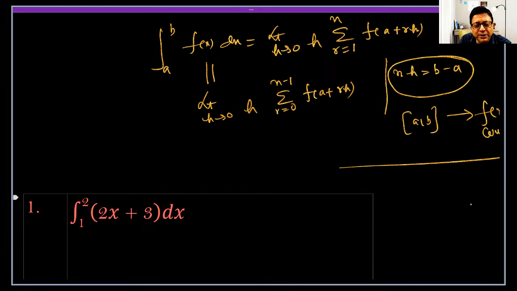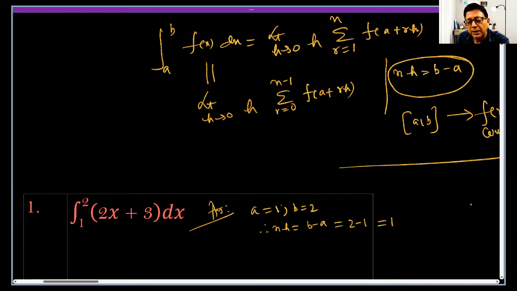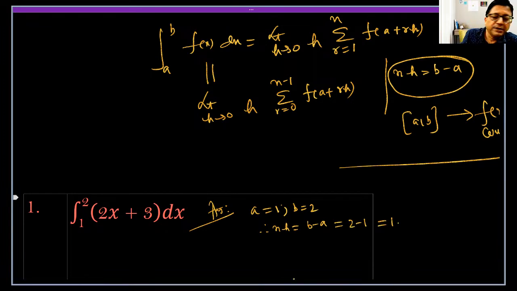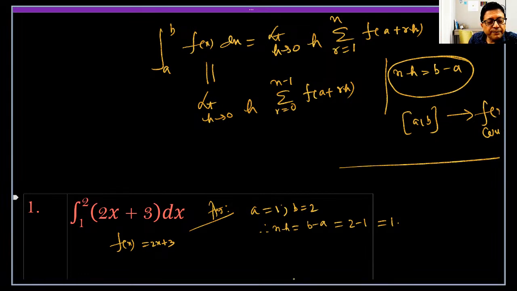For this sum, you can see that a equals 1 and b equals 2. So nh is b minus a, which is equal to 1. What is f(x) here? That also you write: f(x) equals 2x plus 3.